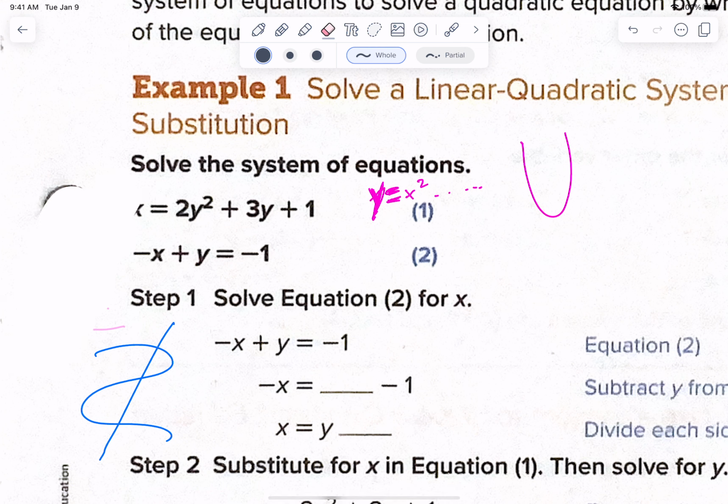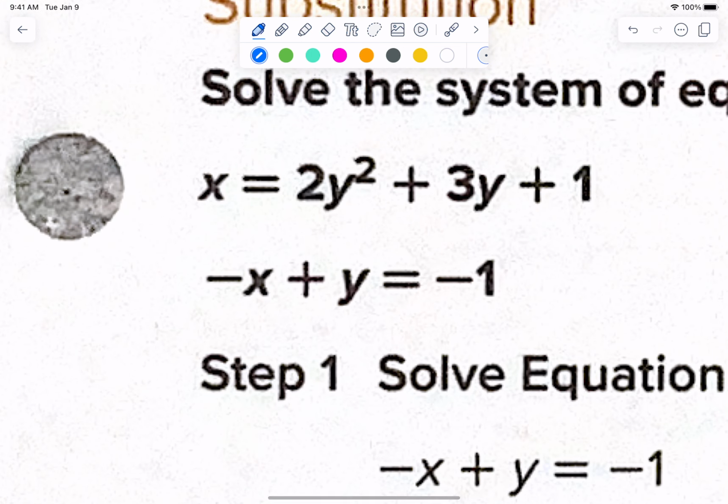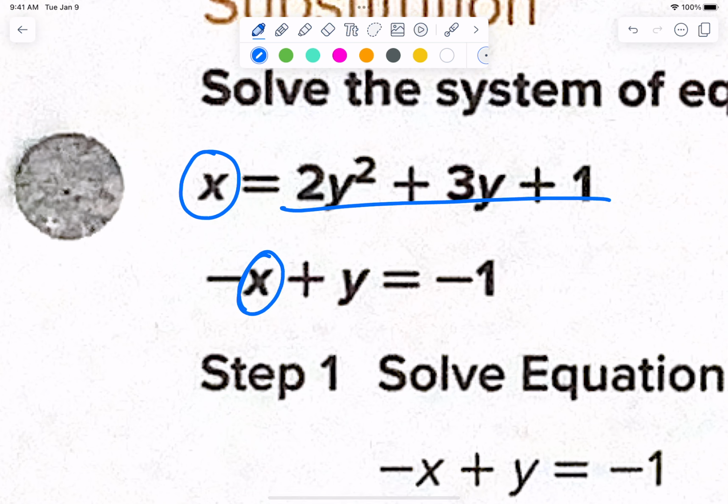Do you guys remember when we would do substitution and elimination? Here we have the x solved for, and we have all this junk. Let's solve for x here.